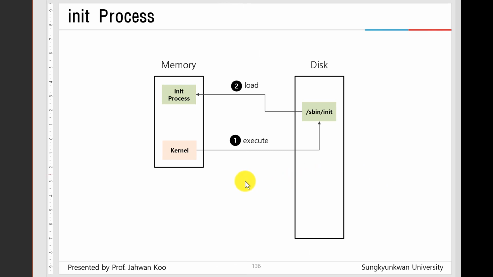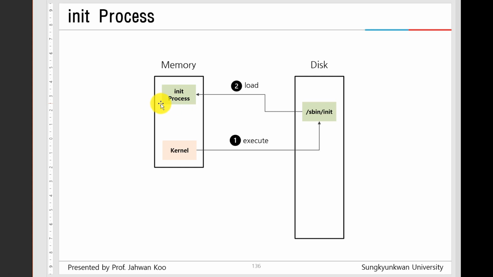When booting the system, the kernel executes the program file /sbin/init and creates a special process called init. The init process has the process ID number 1. Therefore, it is called the parent of all processes.